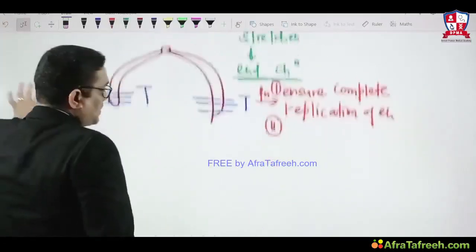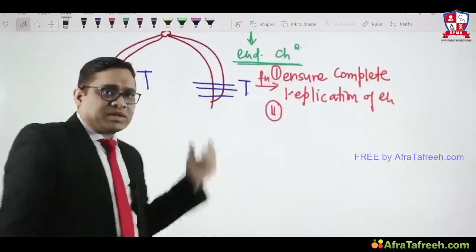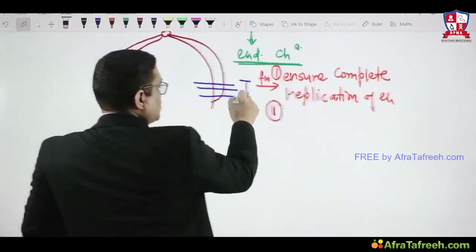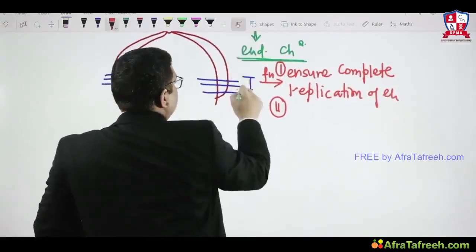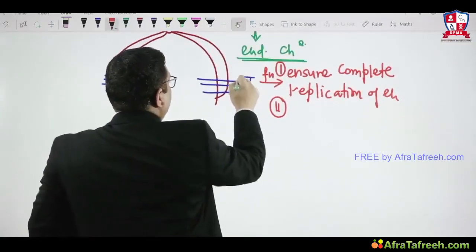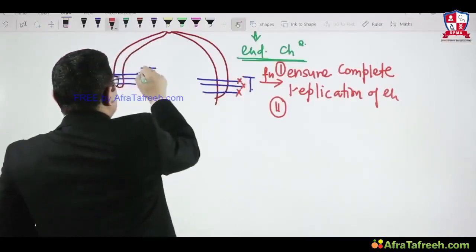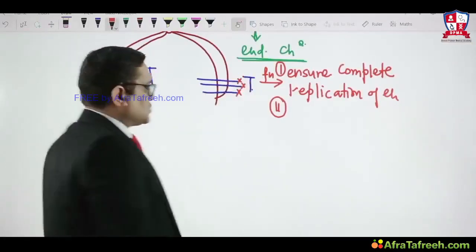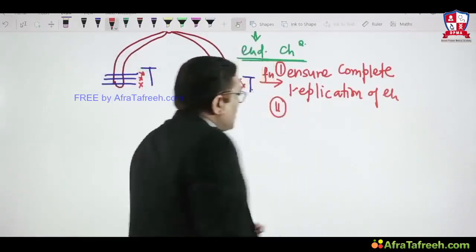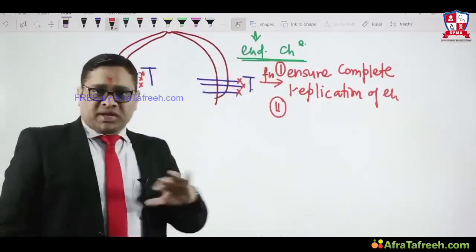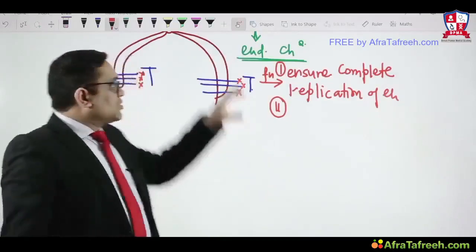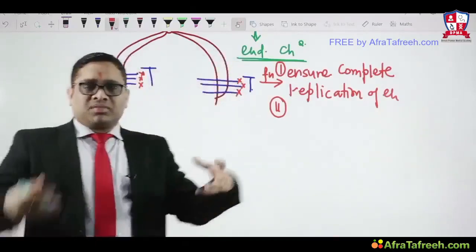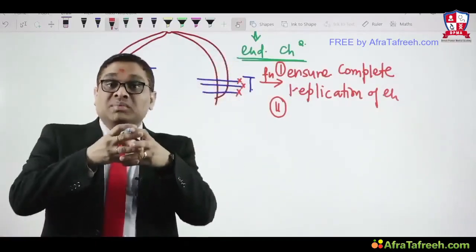Number two, the telomere will be shortened with each and every cell division. So there will be progressive shortening. Once these telomeres are finished, the chromosomal ends will become naked, they will fuse and they will be degraded.